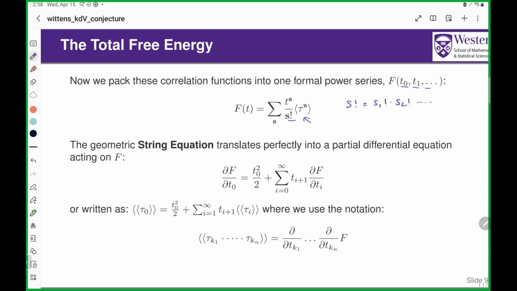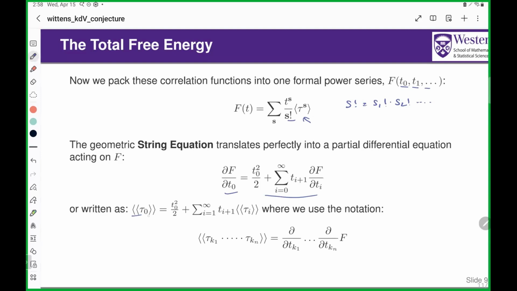Okay, now the string equation, you can rewrite it in this notation as the derivative of this total free energy F. And then well, you differentiate it, and you'll get this as your right-hand side. Let me just tell you some notation that I will be using.